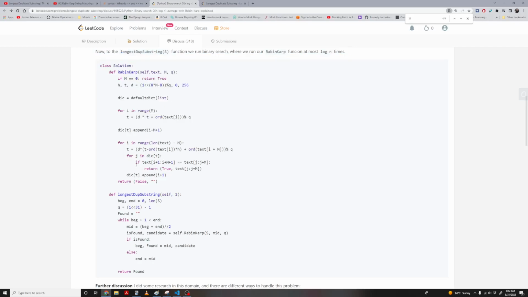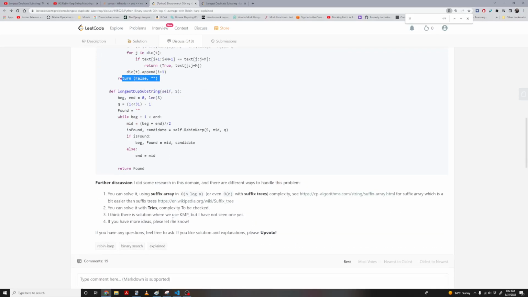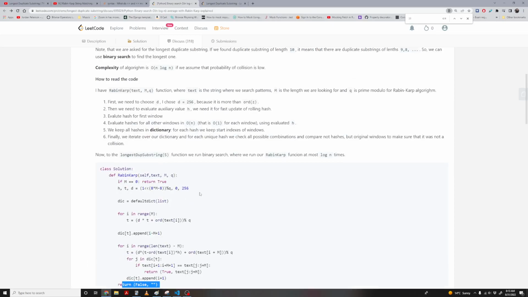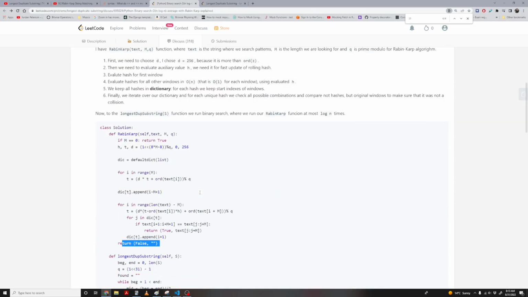So it goes through this dictionary, and if the word that we are hashing is the same as what we already have in the dictionary, then you can return it. As simple as that. If by the end of the two for loops it cannot find anything, it returns false. It means it doesn't exist. Yeah, I think that's the high level of what's going on.